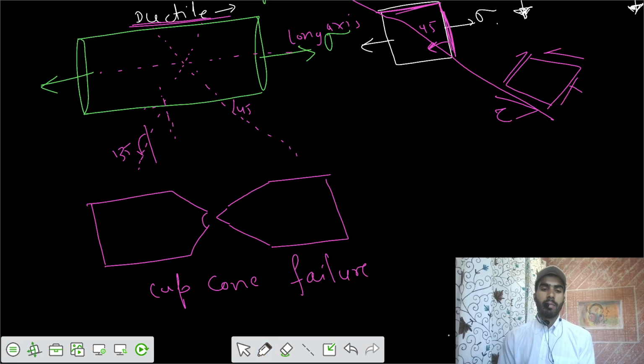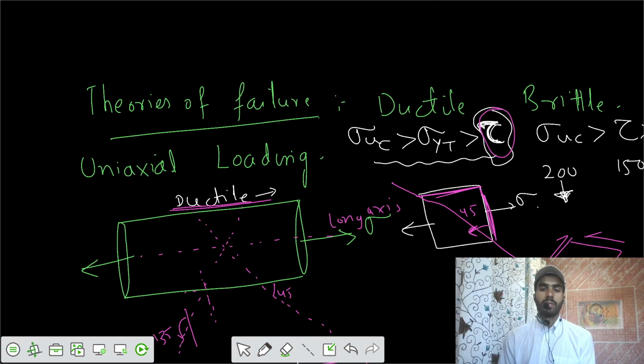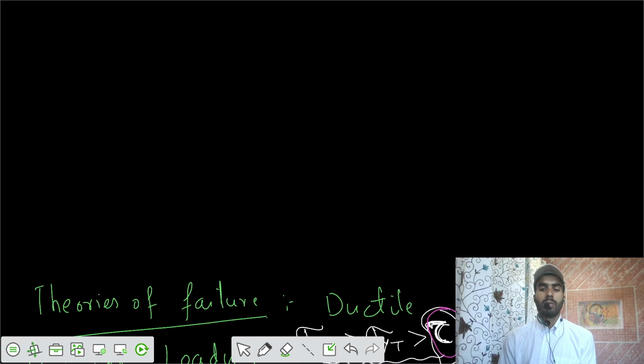So for ductile material, failure in tension testing would be a cup and cone failure.